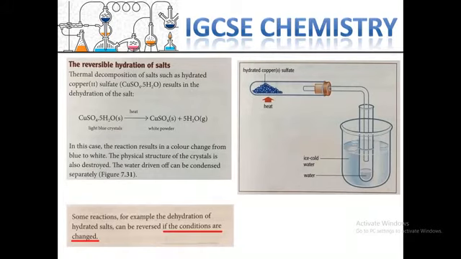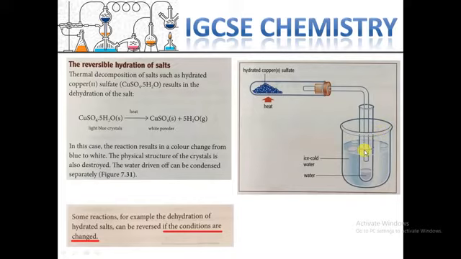Okay. On the other side, you can see the experiment, which in the tube you can see the hydrated copper(II) sulfate, which contains water, and it's blue in color. If you apply heat, then the water can be released, leaving the chemical behind, and the water can be collected here in this part.